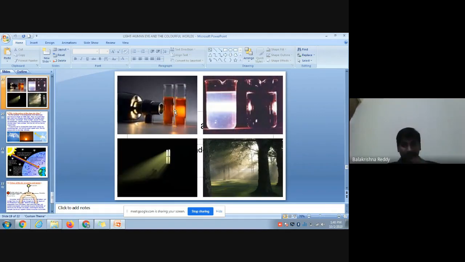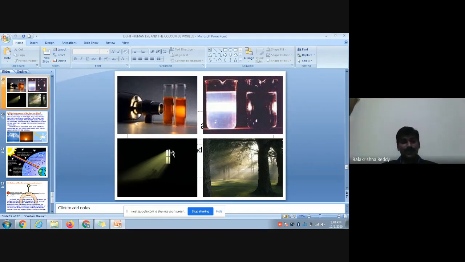See here, you can notice two different solutions when you allow light to pass, how the particles behave inside, how the image will appear. This is normal water and this is a colloidal solution. At evening time, through the window, the light rays which are coming are all scattered light actually. There are dust particles available in the evening time.